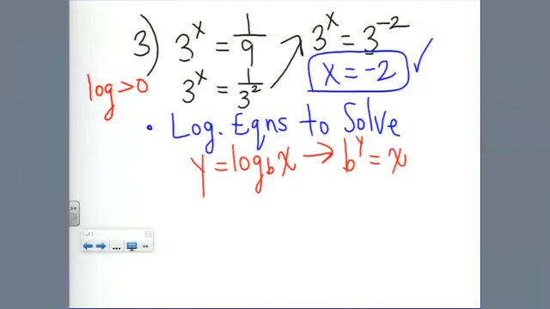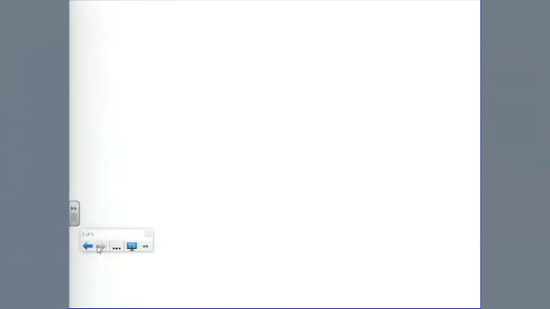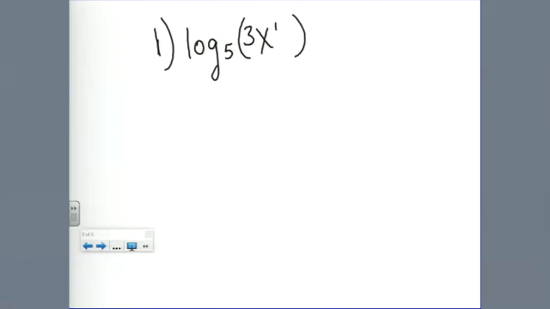So let's look at a logarithmic equation we need to solve. We have log base 5 of, in parentheses, 3x plus 2 equal to positive 3.